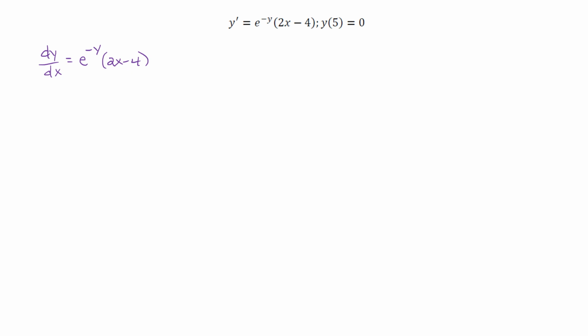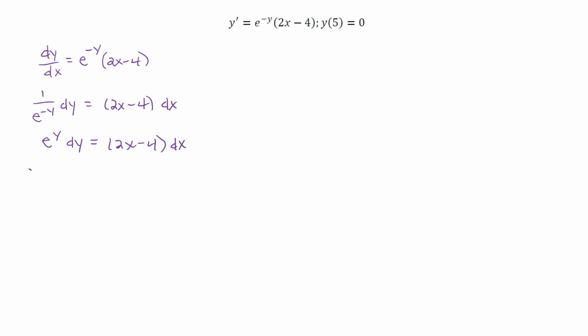So I'll have 1 over e to the power negative y dy equals 2x minus 4 dx. I can move e to the power negative y to the numerator. So that's e to the y dy equals 2x minus 4 dx.